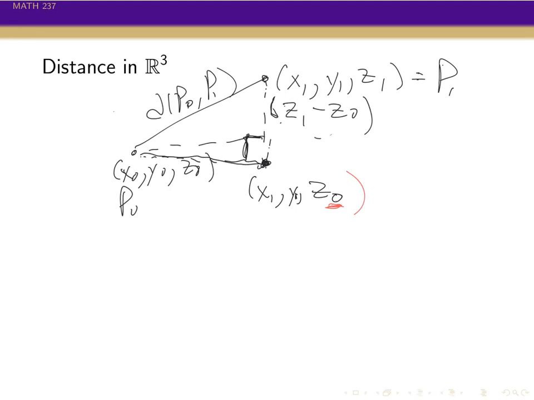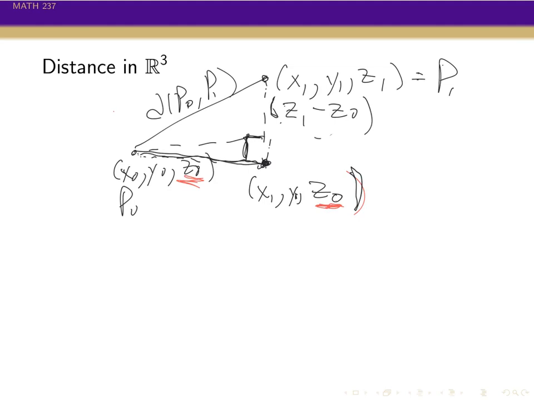Now, looking at these two points, they have the same z coordinate. And so all of this is occurring on a plane where only the x and the y coordinates are changing. The z coordinates are staying the same. Okay. And so we can break up this length right here.